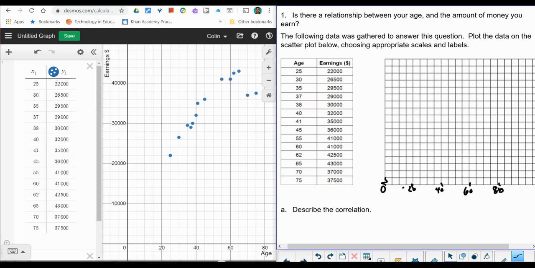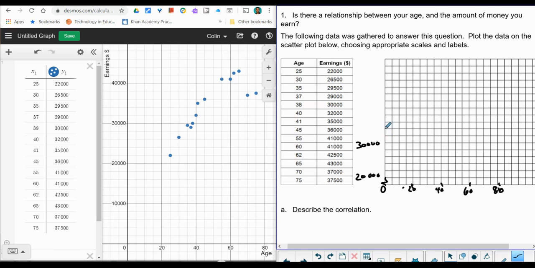So that's good. Now, we said we'd go by 5s. 1, 2, 3, 4, 5, but we'd start at 20,000. So 20,000, then 1, 2, 3, 4, 5, 30,000.